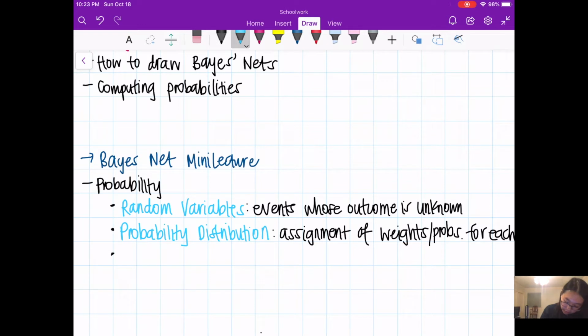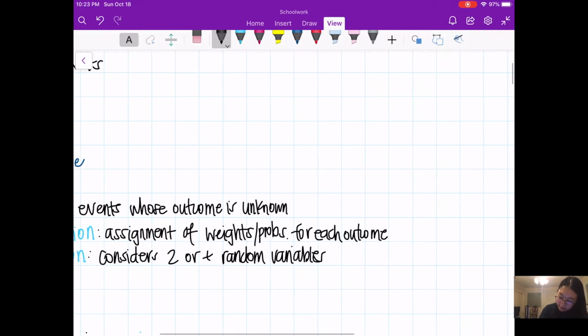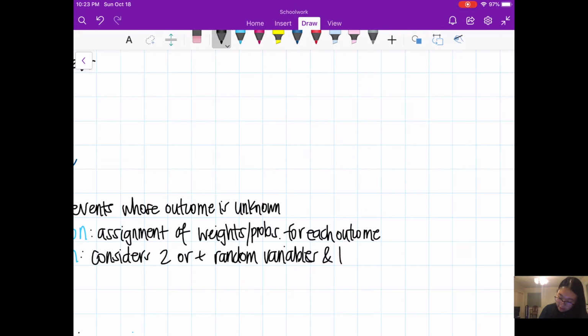Something that we tend to look at regarding random variables and probabilities is the joint distribution. The joint distribution considers two or more random variables and specifically their probability distribution.